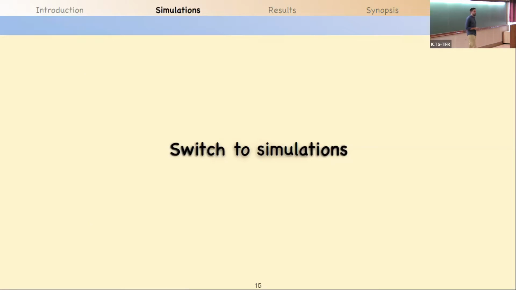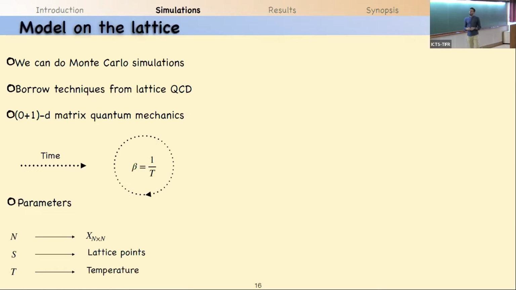So now I'm going to switch a little bit to simulations, but I'm going to give very minimalistic ingredients, and I will refer to Georg's lectures starting tomorrow. We can put this matrix model on the lattice, and we can use the technology from lattice QCD. Here we have just one dimension, so this makes things a little easier.